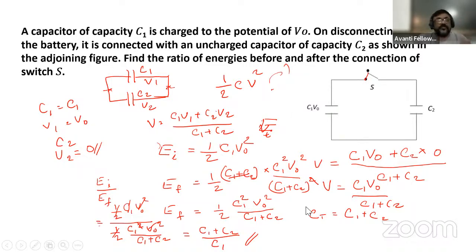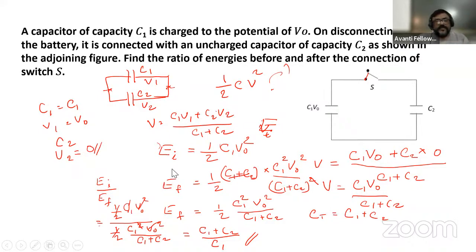So these are the two possible ways of loss of energy when we connect capacitors together. One in the form of heat, because of the movement of electrons through the wire, and the accelerated movement of the electrons through the wire can produce electromagnetic waves. So that also will carry some energy.